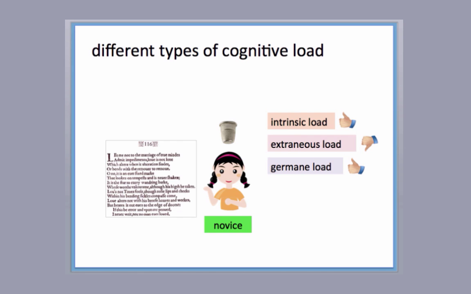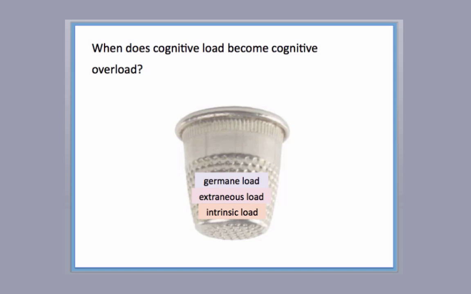So those are the 3 different types of load that our learner may experience as she reads that Shakespeare sonnet. And at any given moment in time, our learner is probably experiencing some amount of all 3. Right? The question is, will our learner be able to do the task she's doing, for example, reading that sonnet in order to paraphrase what it's saying, without experiencing cognitive overload, causing her to feel overwhelmed, confused, frustrated.